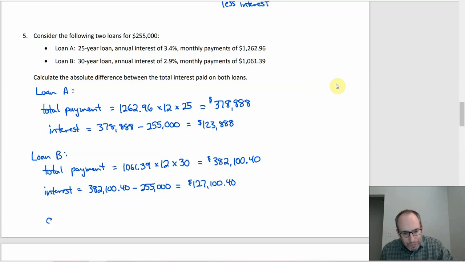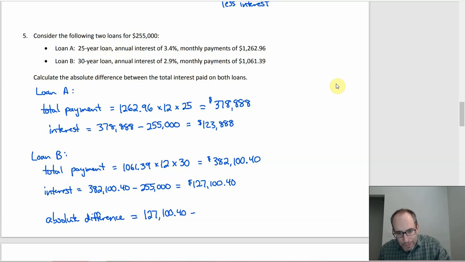So the absolute difference, you could do it with an absolute value, or you could just do it as big one minus little one. So what I would do is just say, well, the 127 is the big one, right? That's bigger than 123. So 127,140 minus 123,888.